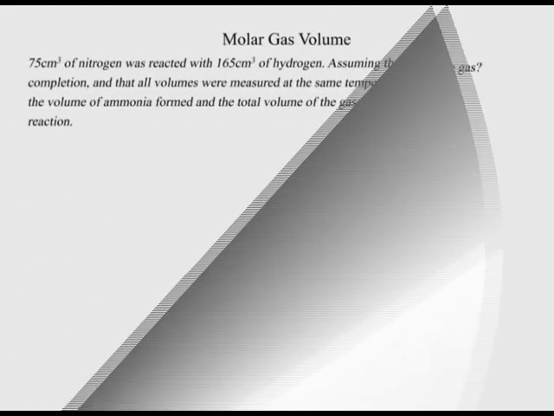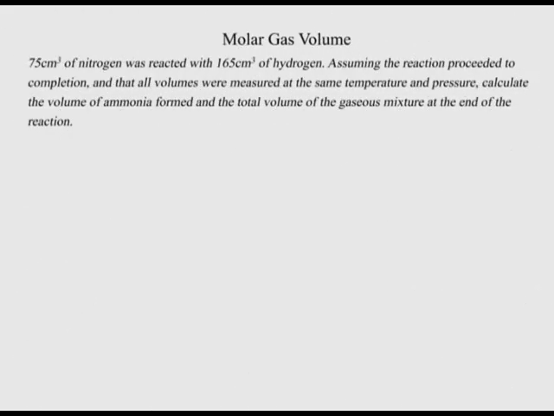Last example. 75 cubic centimeters of nitrogen gas was reacted with 165 cubic centimeters of hydrogen gas. Assuming the reaction went to completion and that all volumes were measured at the same temperature and pressure, calculate the volume of ammonia formed and the total volume of the gaseous mixture at the end of the reaction.